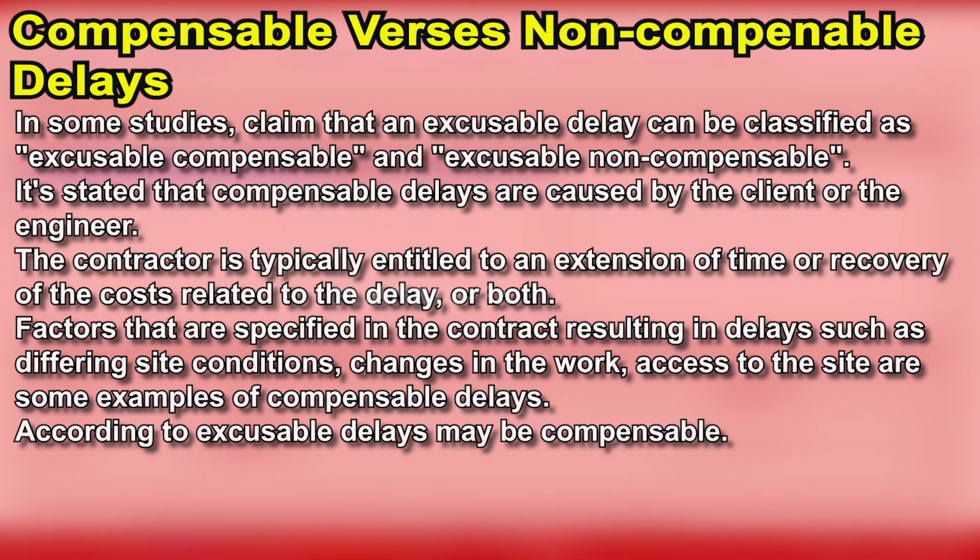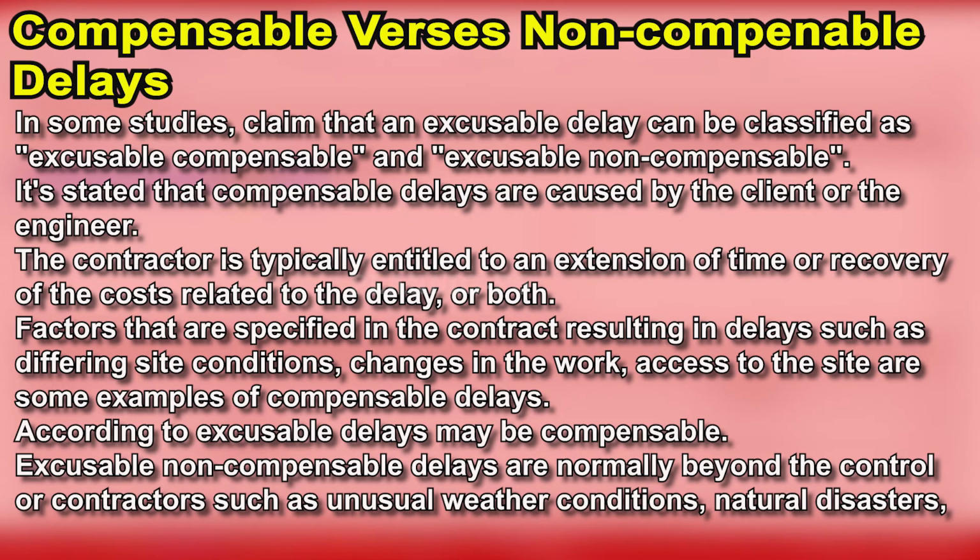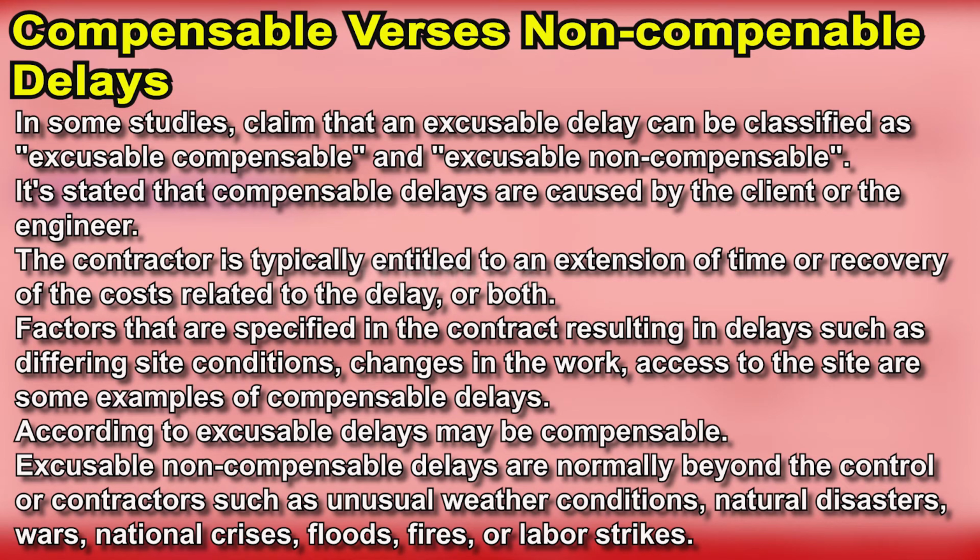Factors specified in the contract resulting in delay, such as differing site conditions, changes in the work, or access to the site, are examples of compensable delays. Excusable delays may be compensable. Excusable and non-compensable delays are normally beyond the control of either client or contractors, such as unusual weather conditions, natural disasters, wars, national crises, floods, fires, or labor strikes.